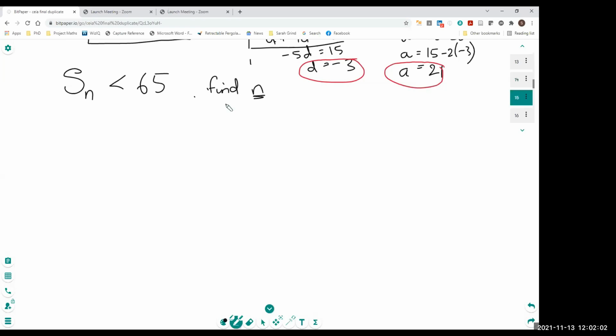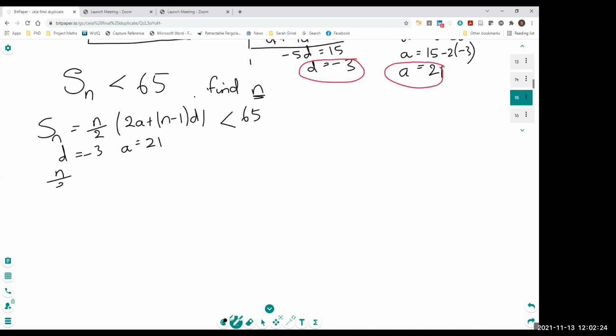Okay. So we start off with our S of n formula, which is n over 2 times (2A plus (n minus 1)D) is less than 65. D is equal to minus 3. A is equal to 21. So we have n over 2 times (2 into 21 plus (n minus 1) times minus 3) is less than 65.